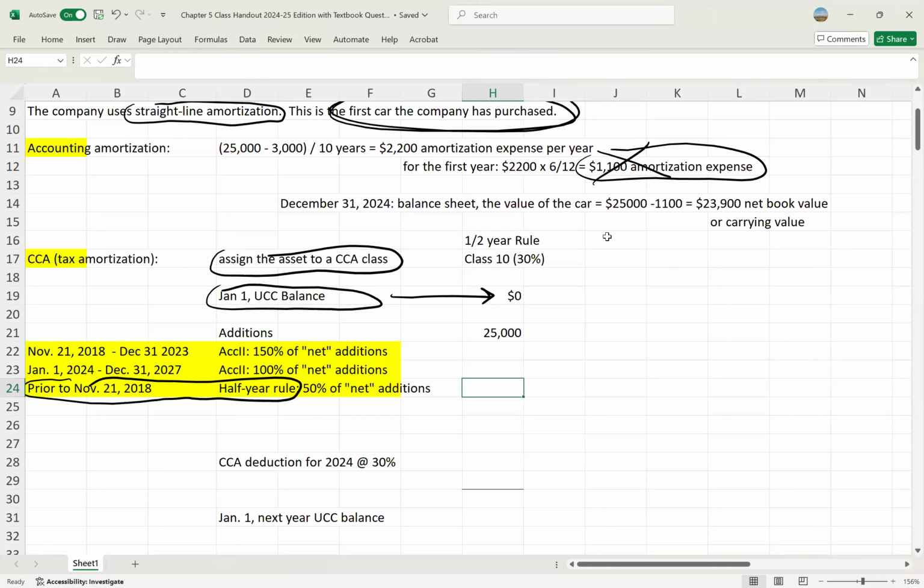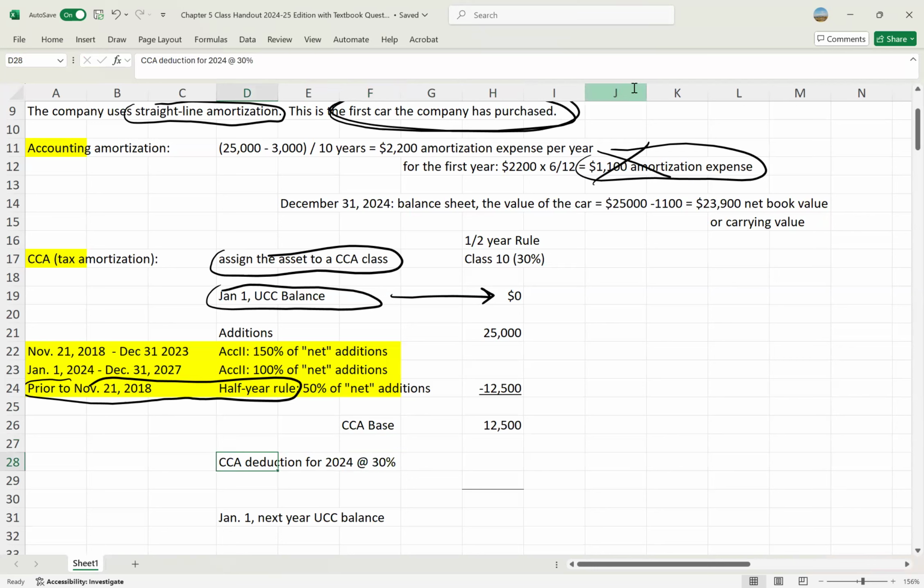So the way the half-year rule worked is we would have to deduct half of the amount of the addition. So rather than take CCA on 25,000, we would take CCA on 12,500. This would be our CCA base. So we would adjust the amount we take CCA on by taking only 50% of our additions. So we take off 50% and we're left with 12,500.